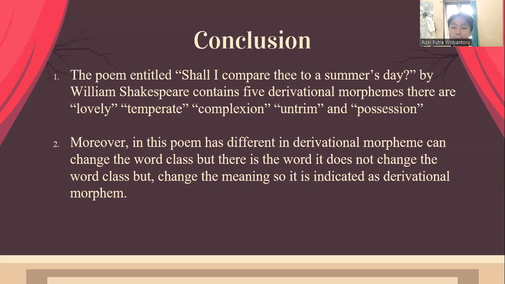Moreover, in this poem the derivational morpheme can change the word class, but there is a word that doesn't change the word class but changes the meaning. That is the word untrimmed, because it changes the meaning to the opposite. So it is also indicated as a derivational morpheme.